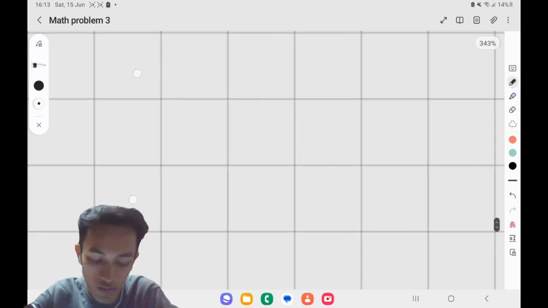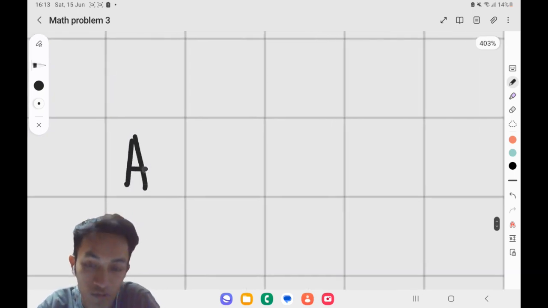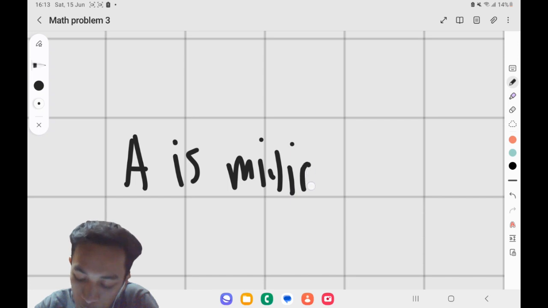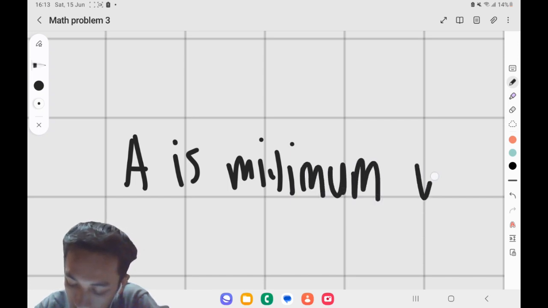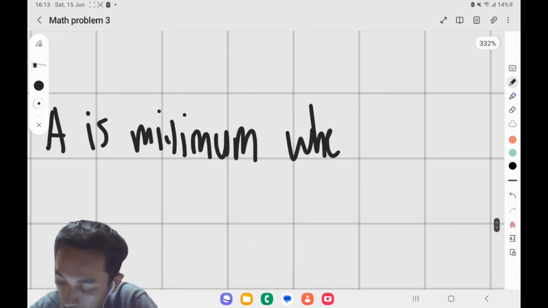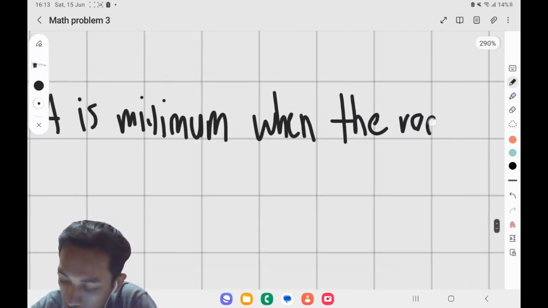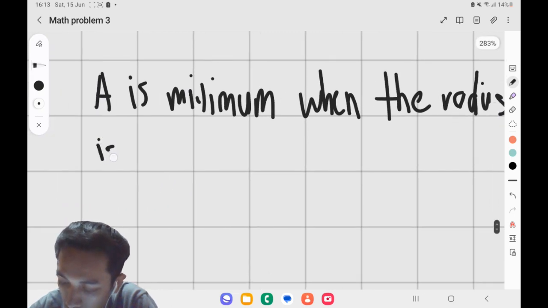So we can conclude here, A is minimum when the radius is equal to 4.